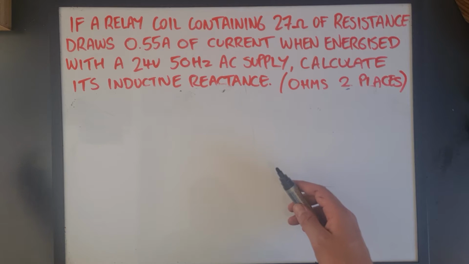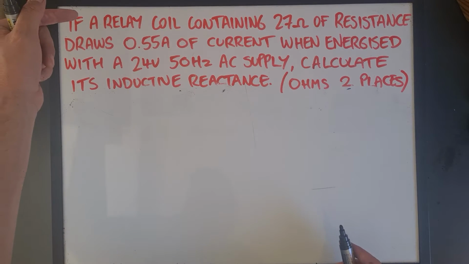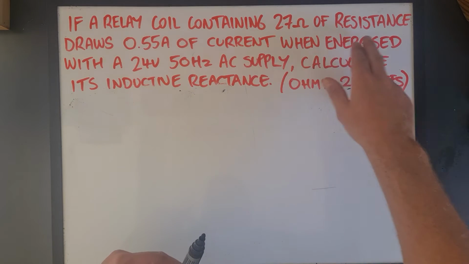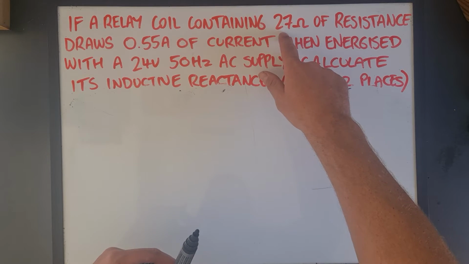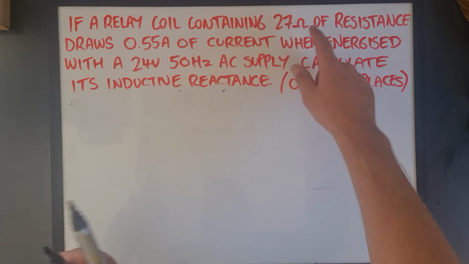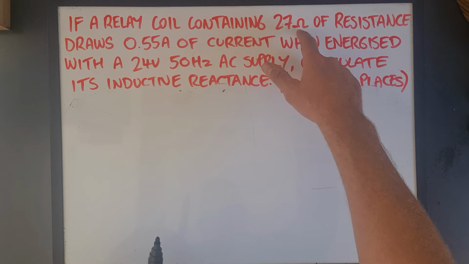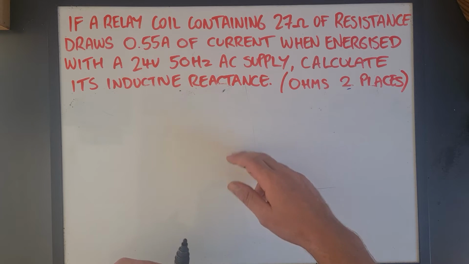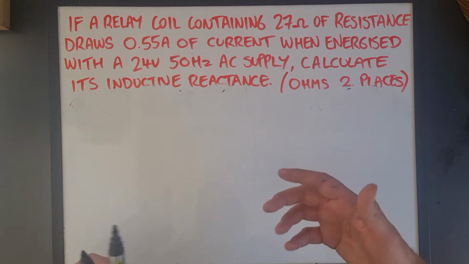The first thing we need to look at here is the fact that we are dealing with a relay coil. And relay coils are going to, as it says in the top line here, contain some resistance, 27 ohms in this case. And they're also going to contain some inductive reactance, because the relay coil is a coil of wire.